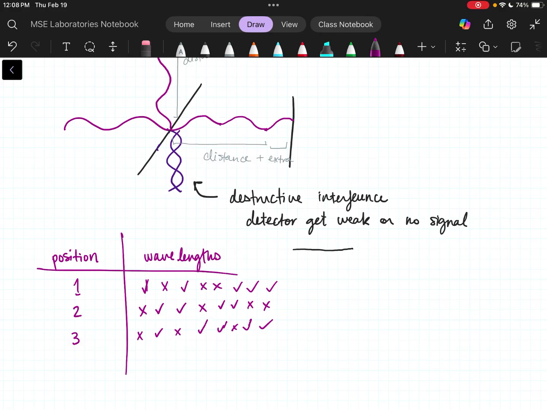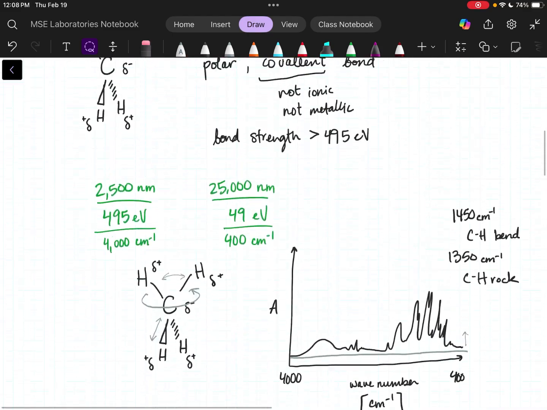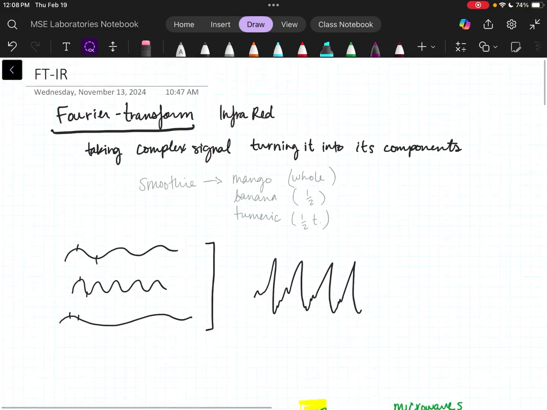And at position 3, this is a really wide range, but the detector is like, I collect data about this wavelength at this position. And I collect data about this wavelength at these positions. And I collect data about this wavelength at this position.